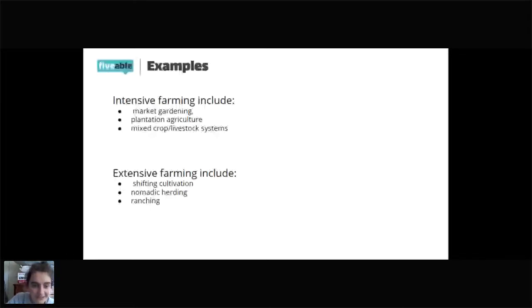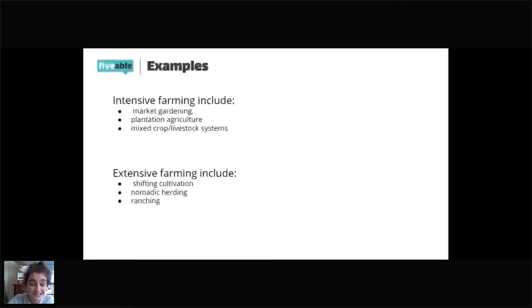So like we talked about, market gardening is intensive because they're not really growing that much produce. They're just growing enough fresh produce to sell to markets. Plantation agriculture, mixed crop and livestock systems. Mixed crop and livestock systems basically means that animals are reared for the purpose of cultivating crops.